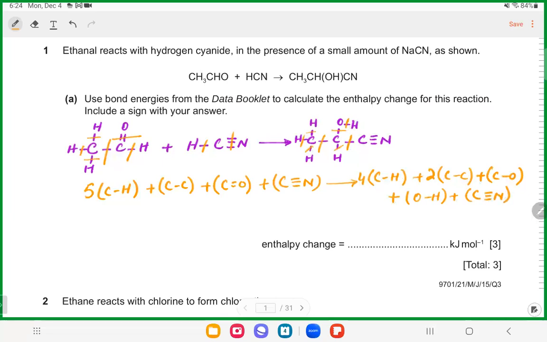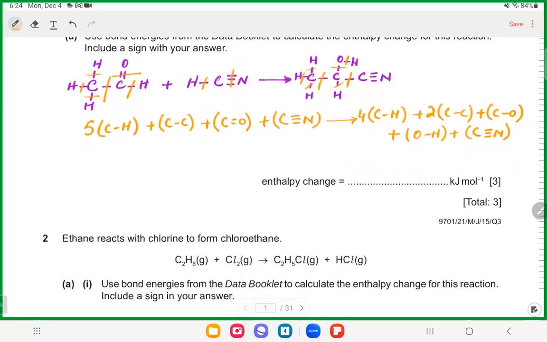You can also cancel the similar type of bonds on both sides, but I suggest just plug in all the values. When you subtract, it already gets cancelled out. So अगर आप वैसे cancel out करेंगे, there's a chance that आप कुछ ना कुछ confusion create कर दें. All these bond energies are given in your question.